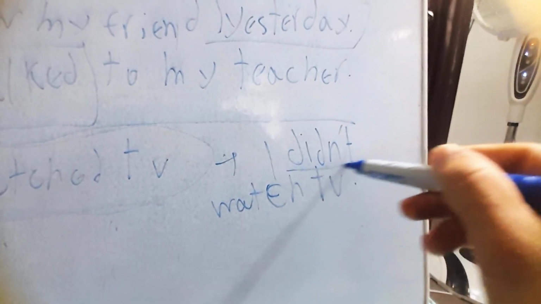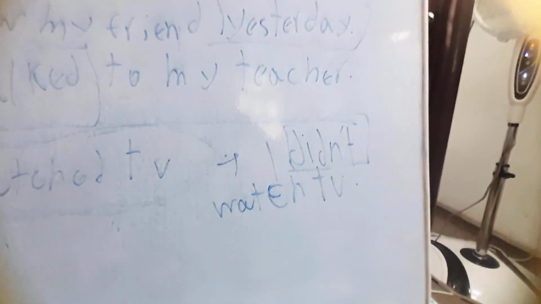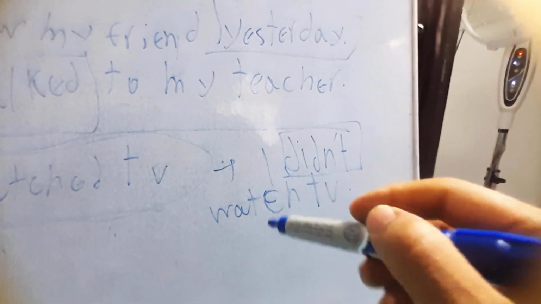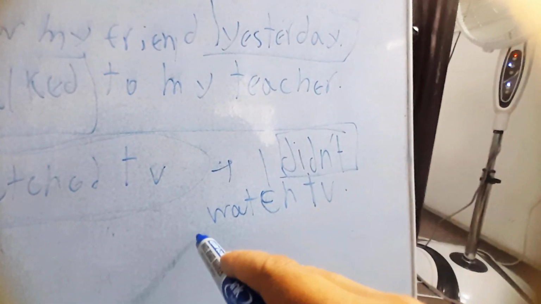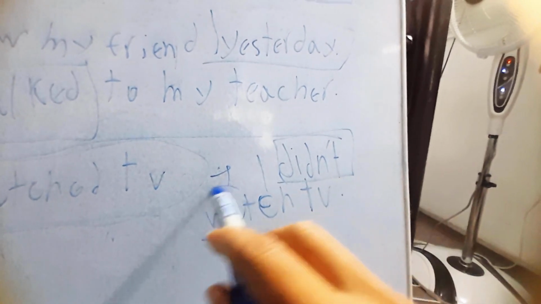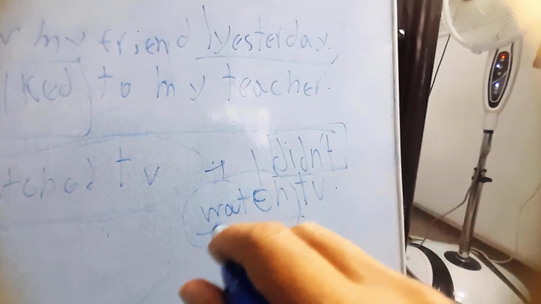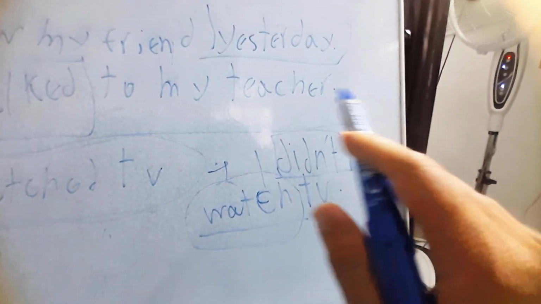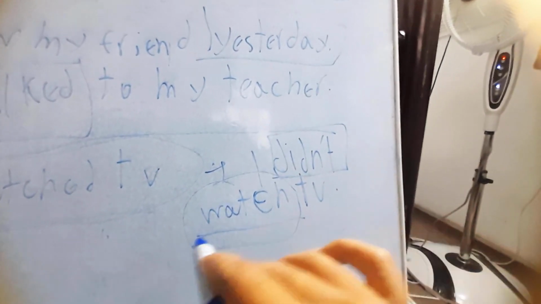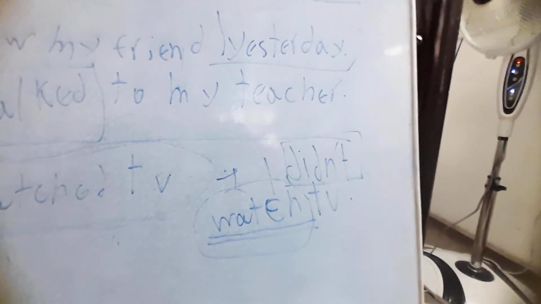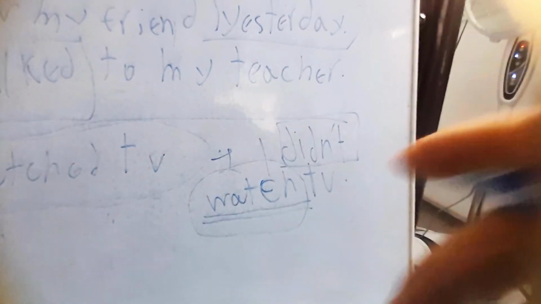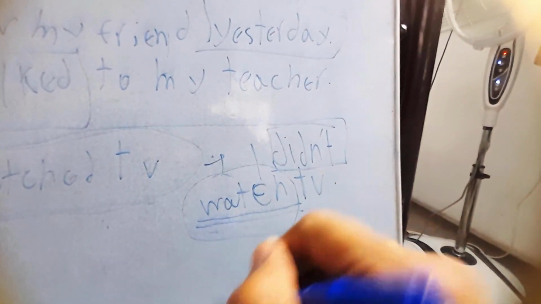And when we use did or didn't, we must change our verb's form to the simple form of it. We won't use ed at the end of the main verb. We will use the simple form.